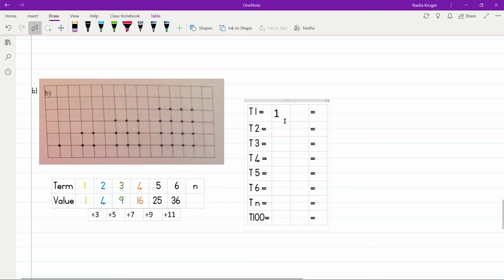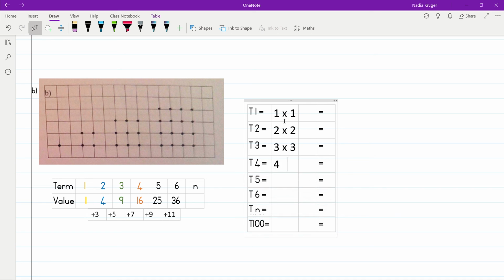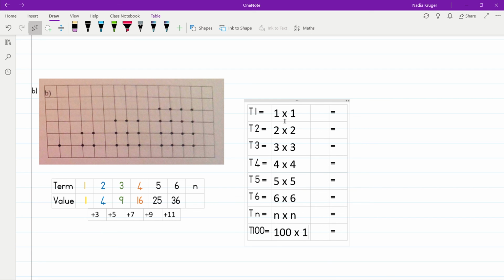We said 1 times 1, and 2 times 2, and 3 times 3, 4 times 4, 5 times 5, 6 times 6. So therefore, we have to say n times n, and 100 times 100. And that is our answer for this pattern.